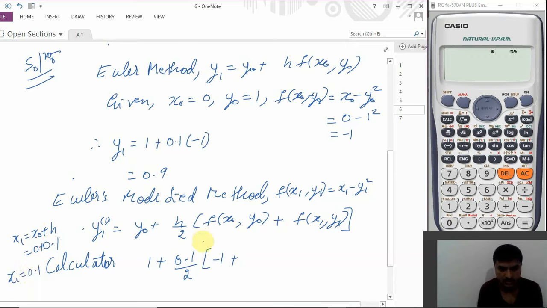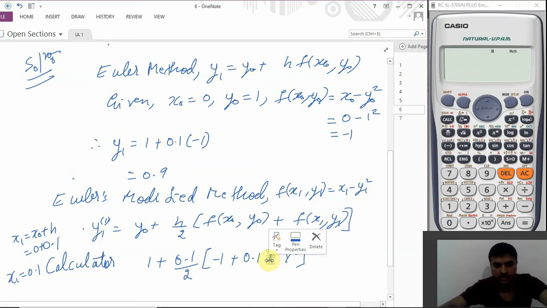Yes students, I have just put all the values given here, just press calculate. It is asking y value. Already in the previous Euler's formula I calculated 0.9, which is equal to, yes students, here you can see on the calculator, if you get 0.914 you will definitely get the marks.